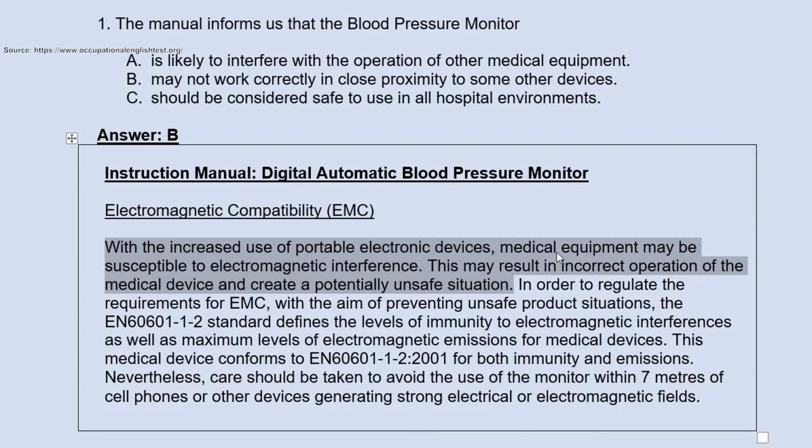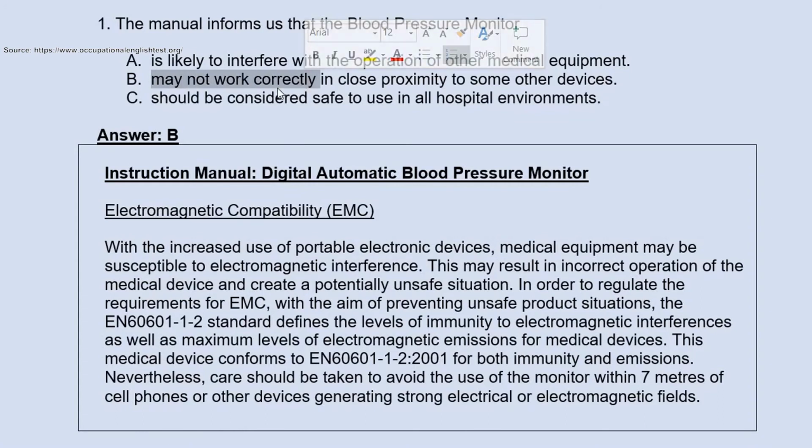So, when medical equipment is kept close to portable electronic devices, it leads to incorrect operation, which is the same idea that we can find here, may not work correctly, or it may lead to incorrect operation when it is kept in close proximity to some other devices. In order to support the idea of close proximity, you may even consider the last line as well.